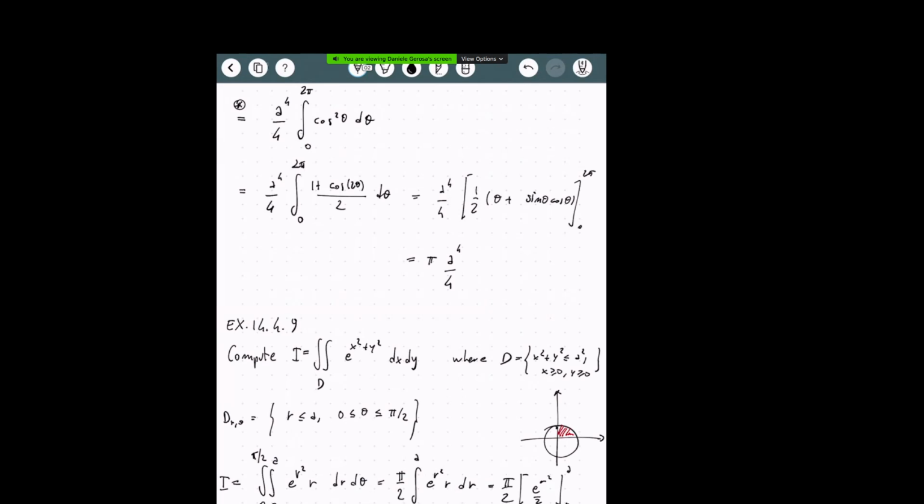And this is pi divided by 4 times e to the a to the power of 2 minus 1. So it's not too hard to do, at least for simple integrals. Then it might get messy if you have maybe harder integrals.